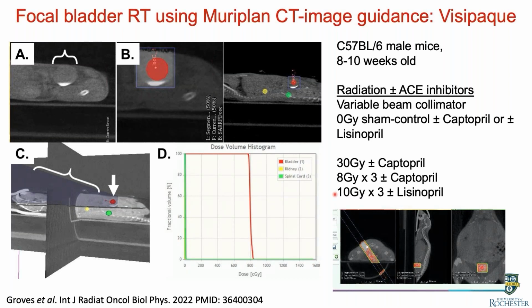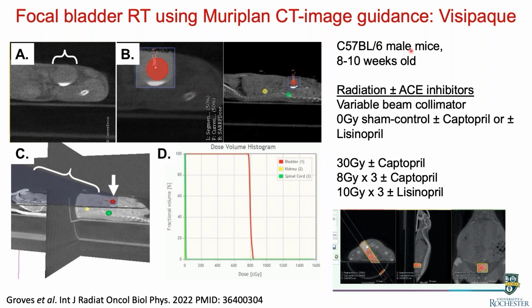This is delivered to the mice via retroorbital injection, and then we can measure the deposition of that contrast agent in the bladder here, and here we can identify our bladder, and then we can target that with a conformal beam, and here we can see the bladder targeted with our conformal beam, and then the spine and the kidney with red and green here to generate a dose volume histogram, showing we get our desired dose in the bladder with minimal or no dose in the kidney and spine, those non-targeted surrounding normal tissues.